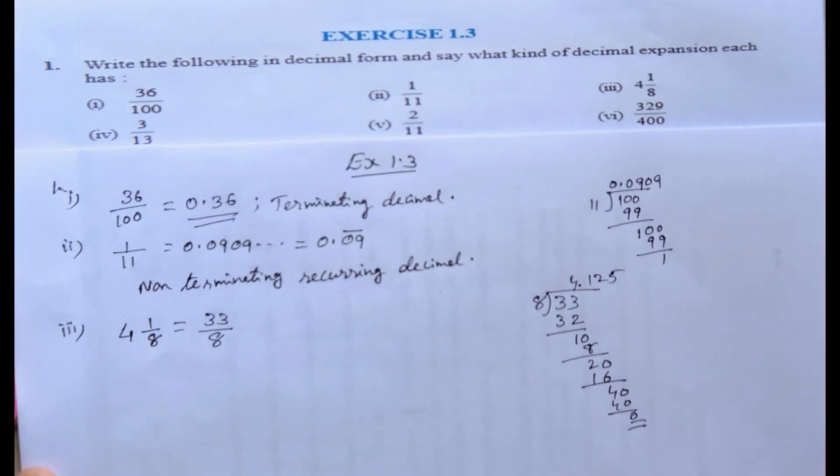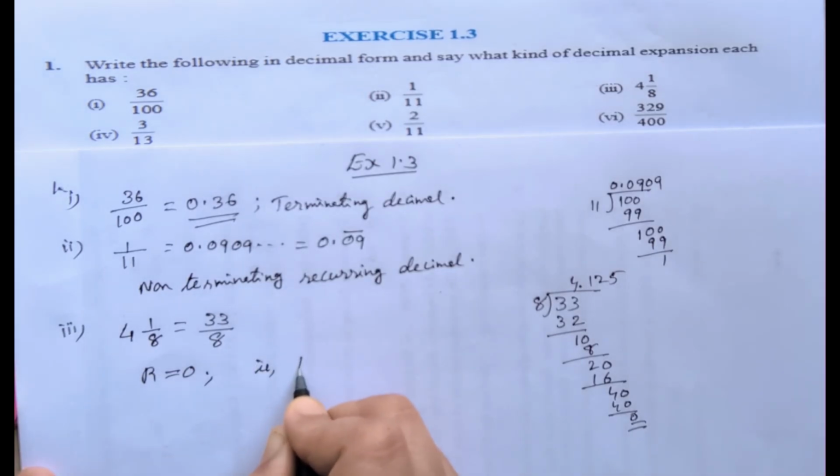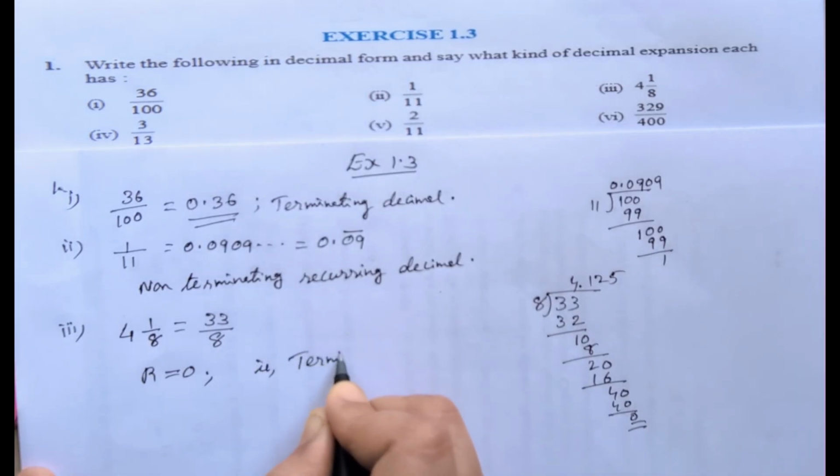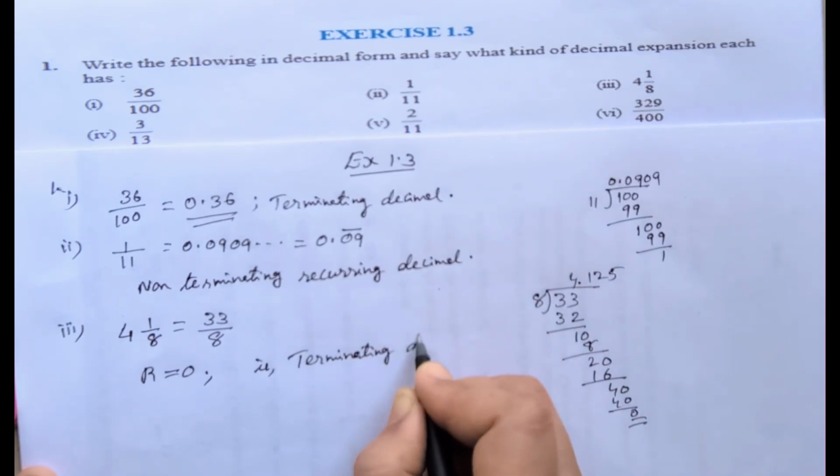Now we got the remainder as 0. That means it is a terminating decimal.